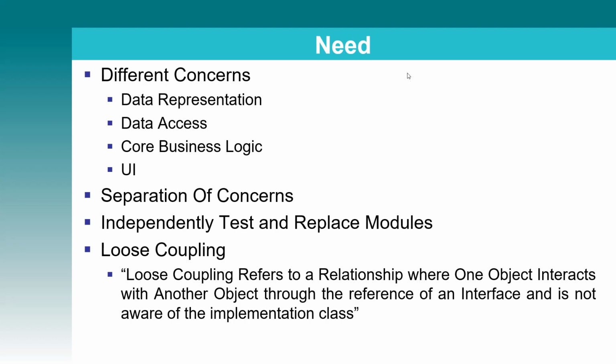So loose coupling, technically speaking, in OO design is defined as a relationship where one object interacts with or communicates with or invokes methods on another object through the reference of an interface or an abstract base class, and is not aware of the implementation details of the invoked object.